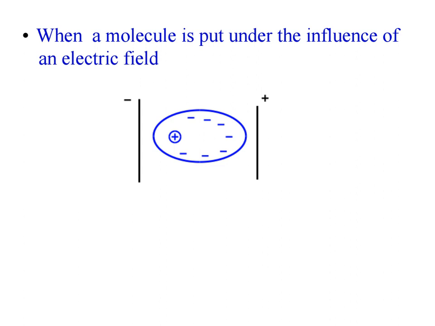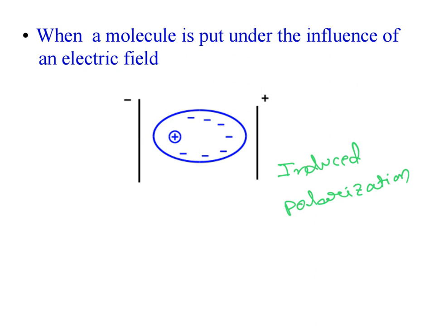What happened here? The positive nucleus is distorted toward the negative plate, and the negative electrons are distorted towards the positive plate, and this we call induced polarization. We have taken a neutral molecule and kept it in the electric field.